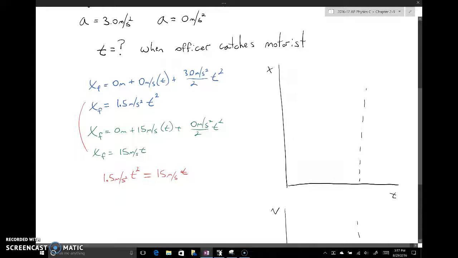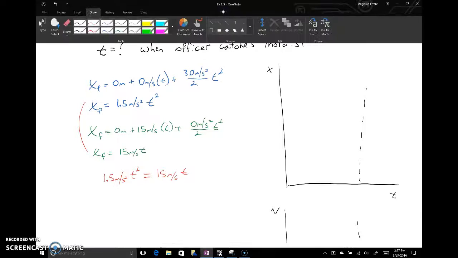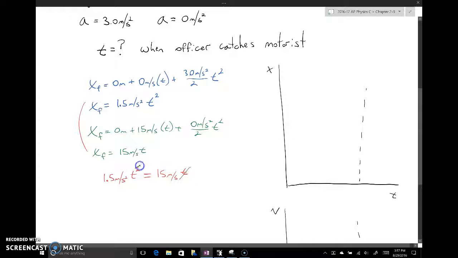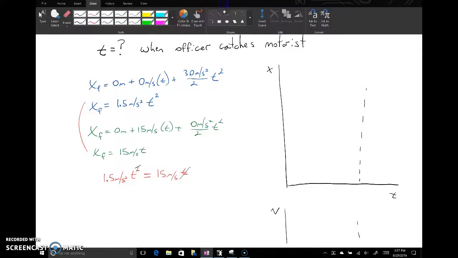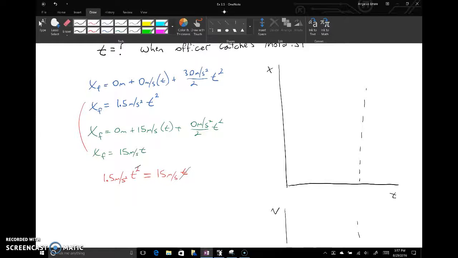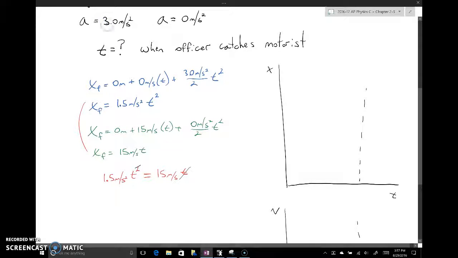Now, in this class, whenever we cancel out a variable, in this case we're going to divide both sides by t and get something new, we have to be aware of the solution we're losing. By reducing the power of the formula, we're losing a solution.